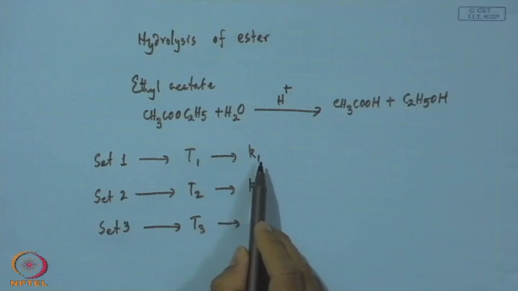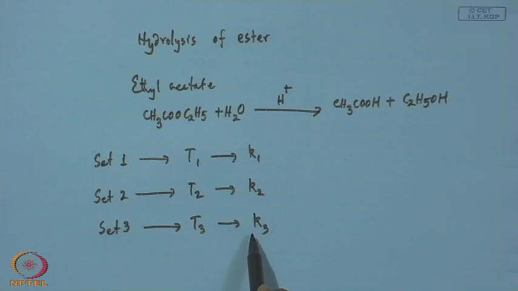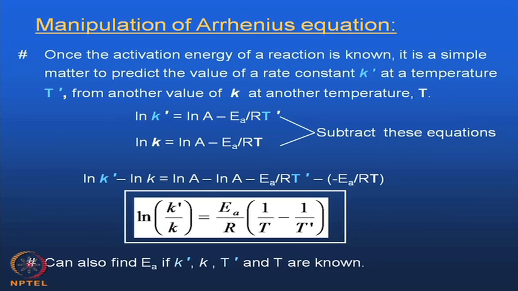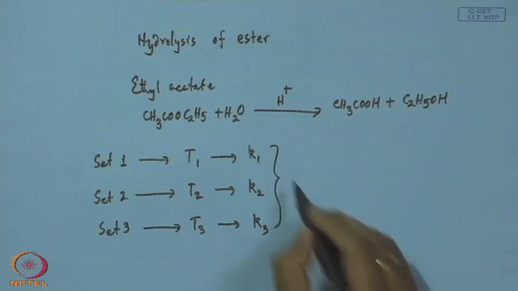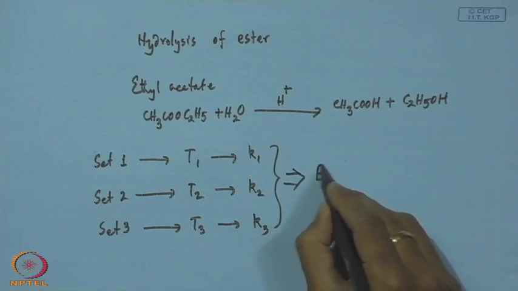Different sets correspond to different temperatures. So once the activation energy of a reaction is known, it is a simple matter to predict the value of the rate constant K primed at a temperature T primed from another value of K at another temperature. From these you will be finding out the activation energy EA.